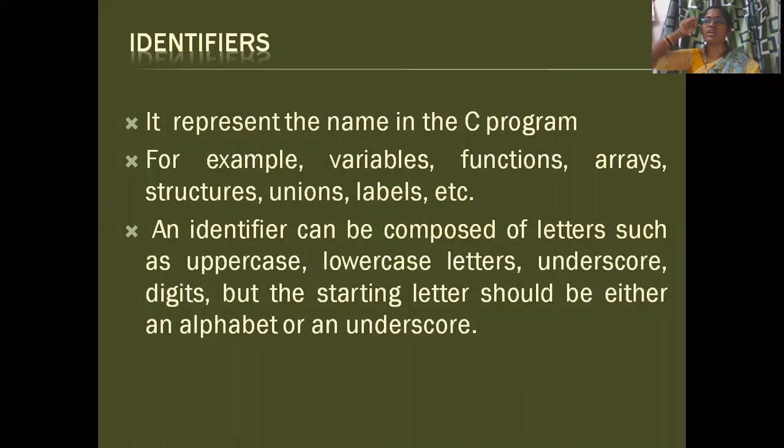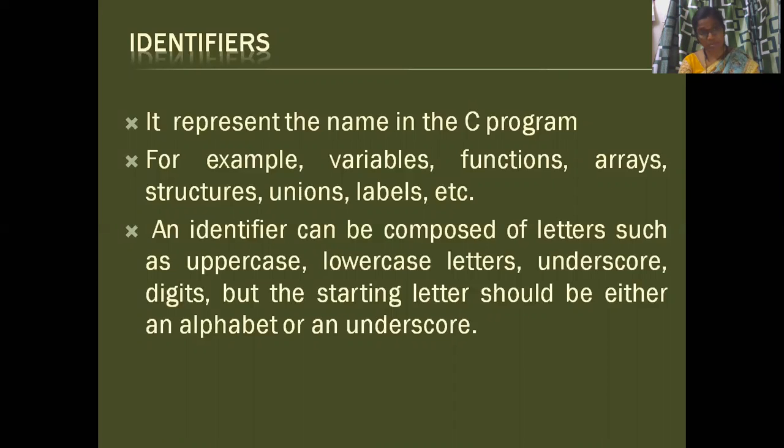So an individual will be identified with some name or unique identification number. So in C language also, we use identifiers to give names to things. For naming, we use an identifier. It represents the name in the C program. For whichever thing you want to name, you can give a name.